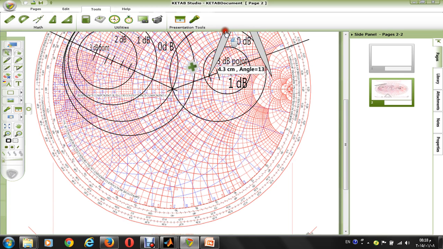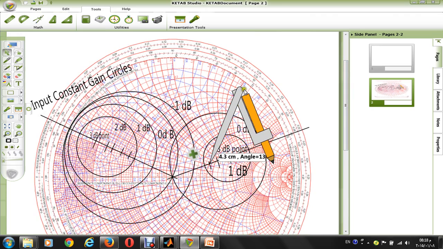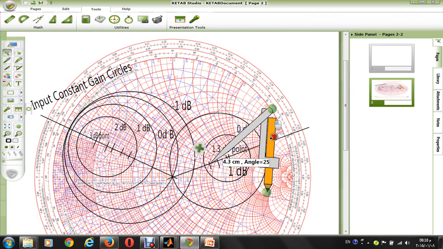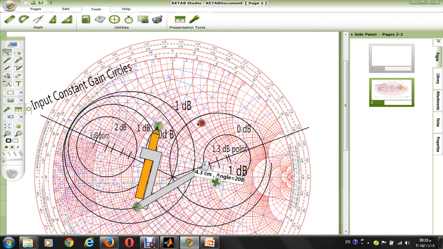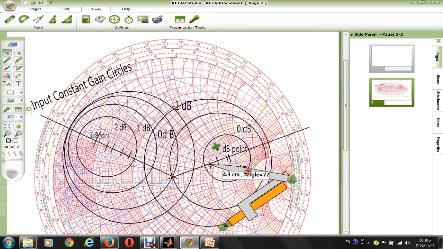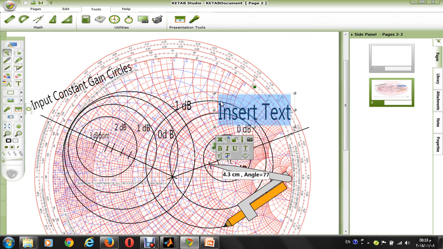Now, from this circle, this is the center. I want the pencil. And this is the -1 dB circle.